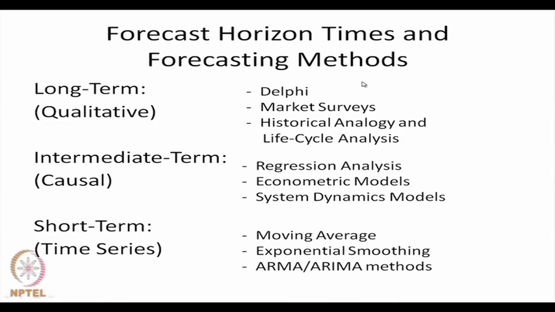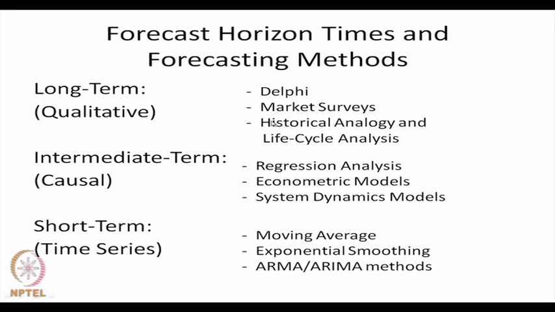Forecast horizon times and forecasting methods are usually related. As we had discussed earlier, for the long term forecast horizon, we use qualitative methods depending on the judgment of informed individuals, and we already know of various methods such as the Delphi method and market survey methods.